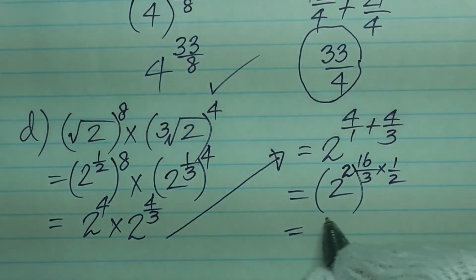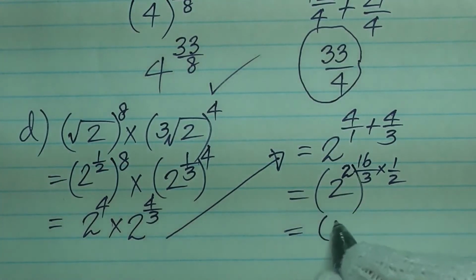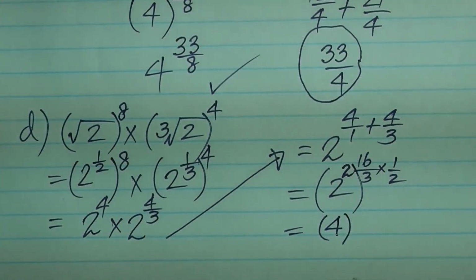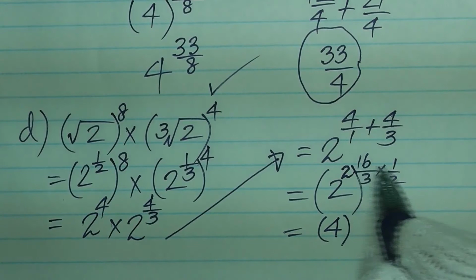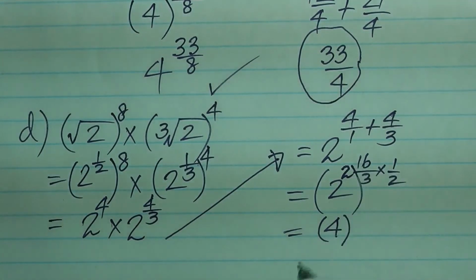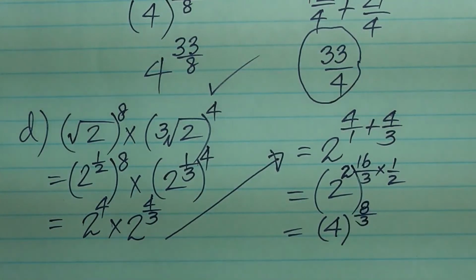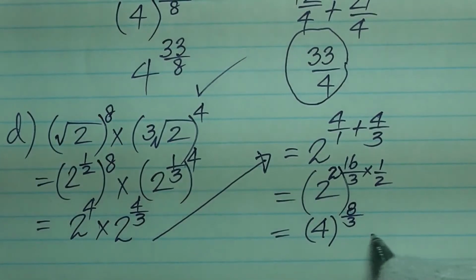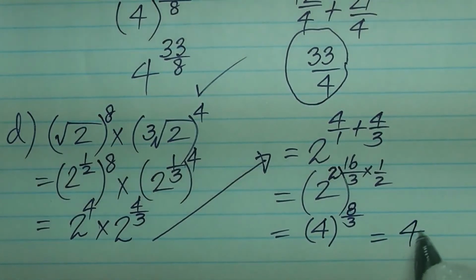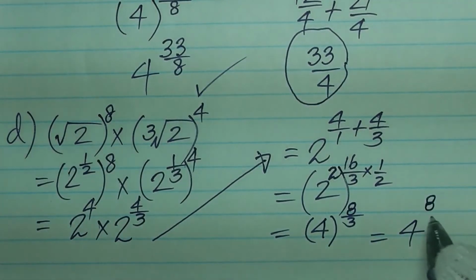This is 4. 2 divides into 16 8 times. So your final answer is 4 exponent 8/3.